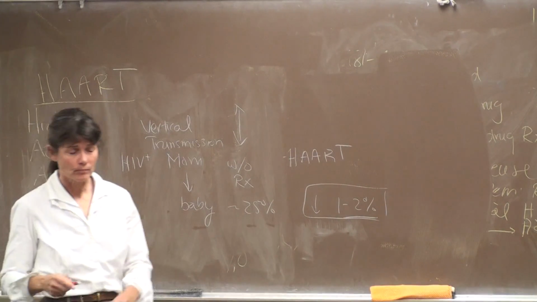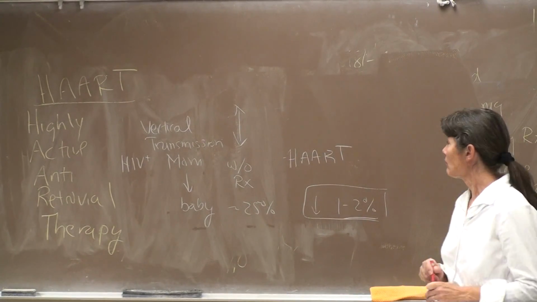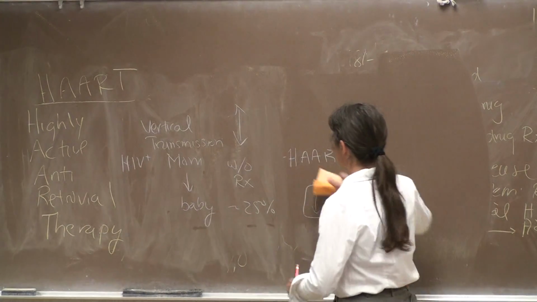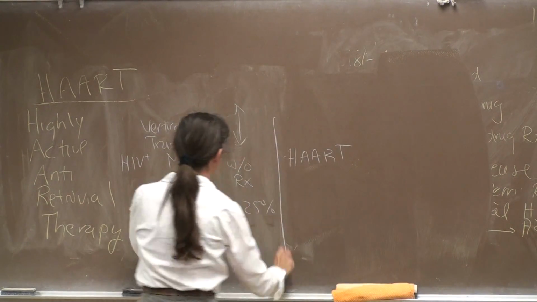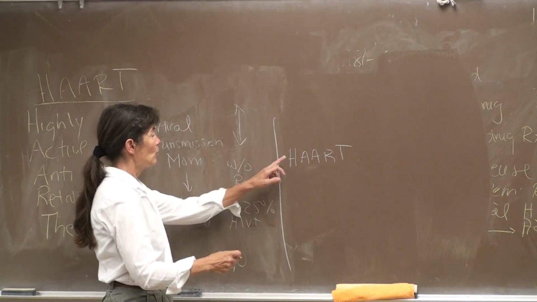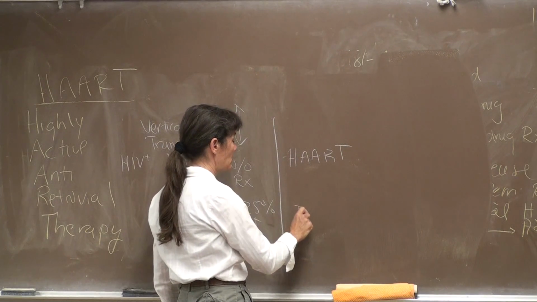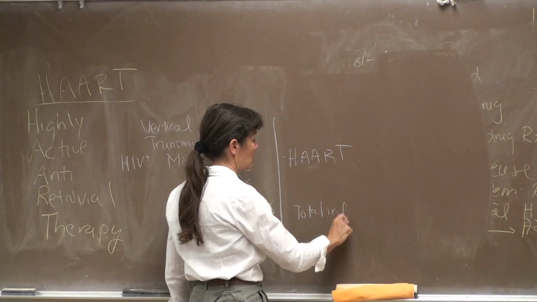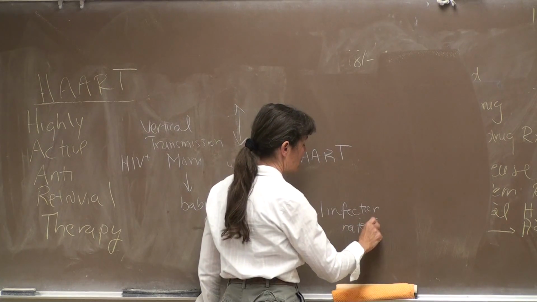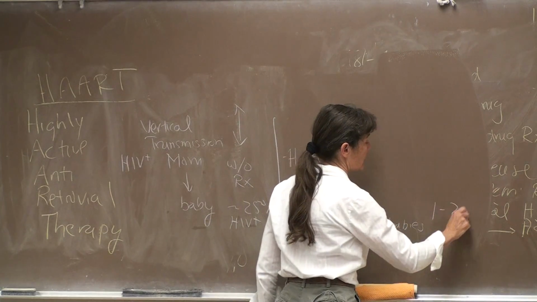So are you saying that they decreased it to 1 to 2%, or they decreased it by 1 to 2%? Oh, I'm so sorry. Thank you. Yeah. So this is with 25% of babies becoming HIV positive here, and with heart therapy of mom and baby, the total infection rate for the babies is 1 to 2%.